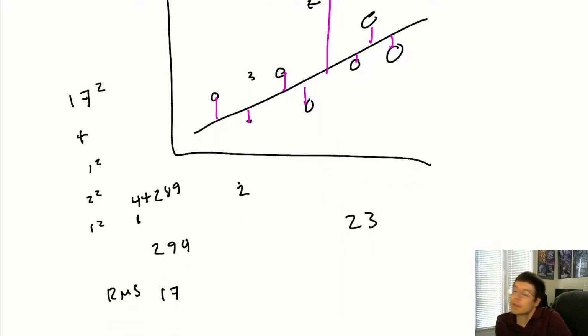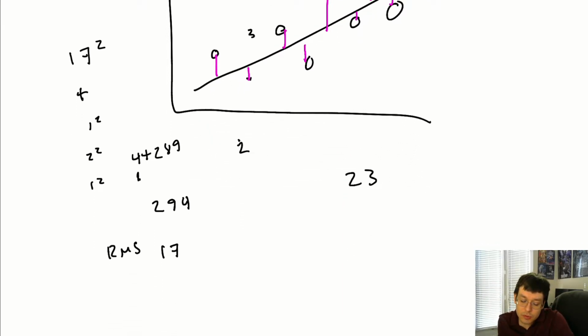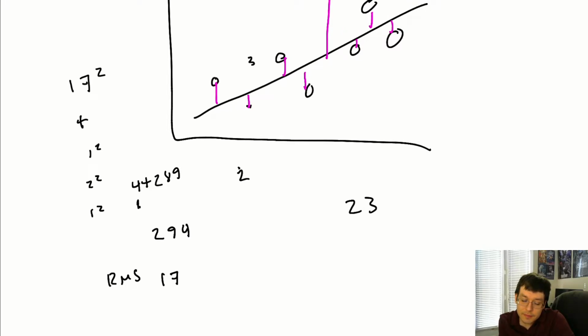Okay, so 23, take the average of that. Oh wait, did I not do the average on that one? I squared them all together, added them, but I forgot to do the average. Sorry for that. So actually it's 294 divided by 4.